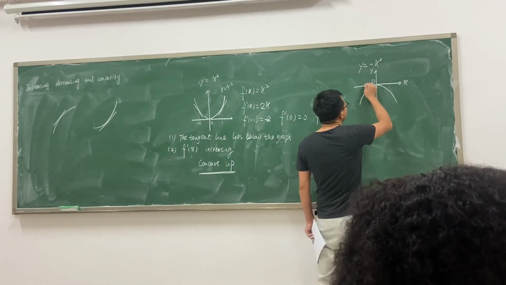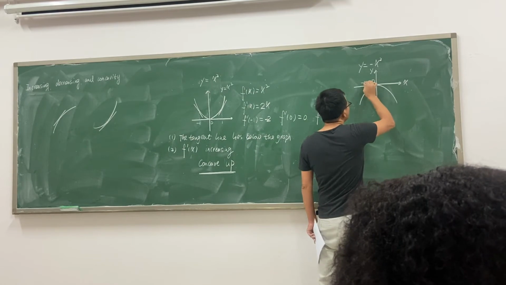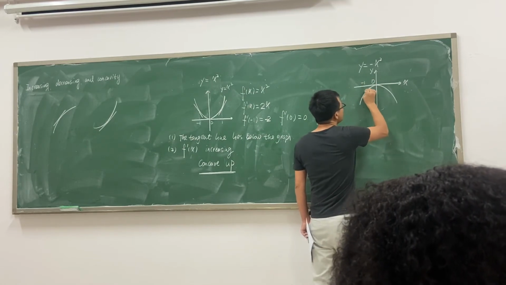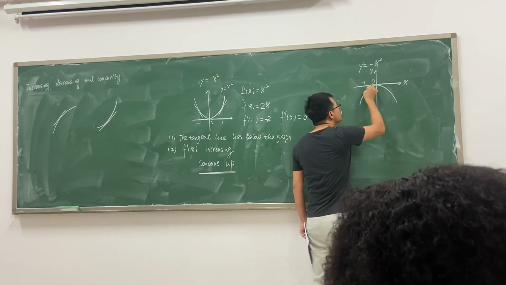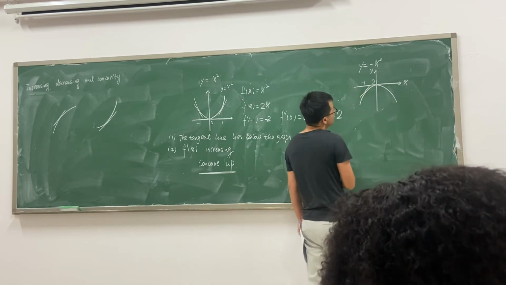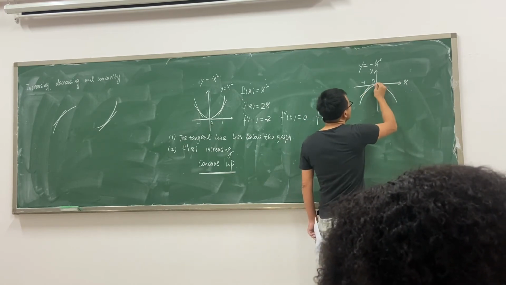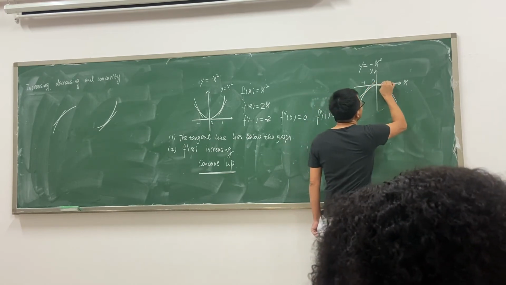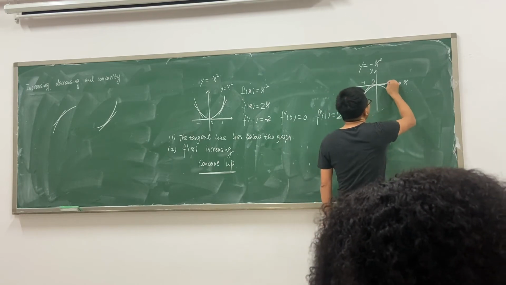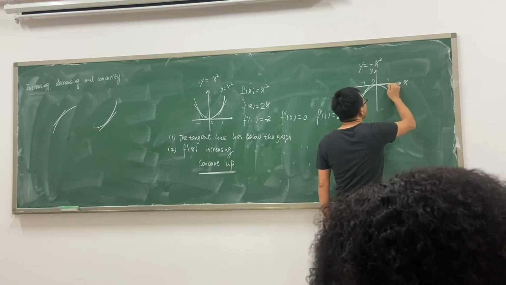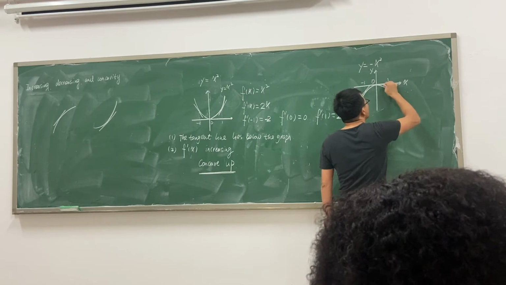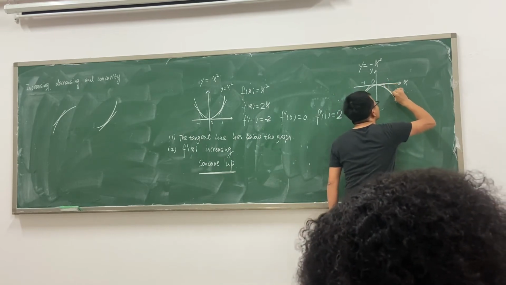You can see, for example, at -1 the tangent line is like this. And at 0, the tangent line is flat. And at the point 1, the tangent line is like this.